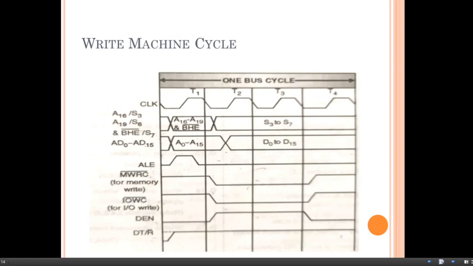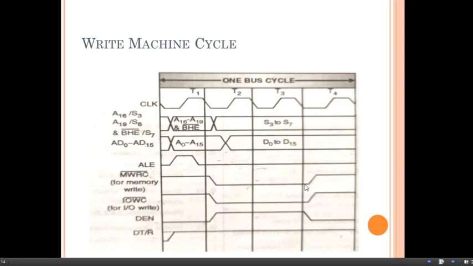Now if the addressed memory or port devices cannot accept the data within the normal machine cycle, then the external hardware can be set up to produce a low ready input. Means within the provided time period, if the memory or the IO is not able to accept the data from this data bus, then the ready input is made low.